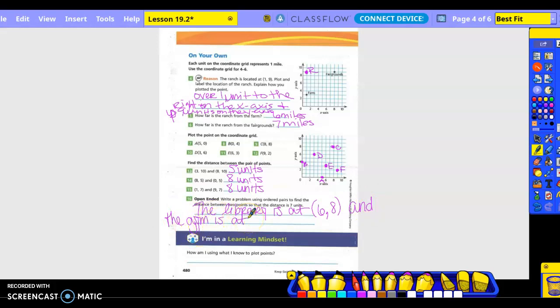Something has to be similar. 2, 8? No, it can't be 2, 8, because it has to be how many units apart? 7. So I would do this one and say 6, and then 6, 1. Okay. How far apart are they?